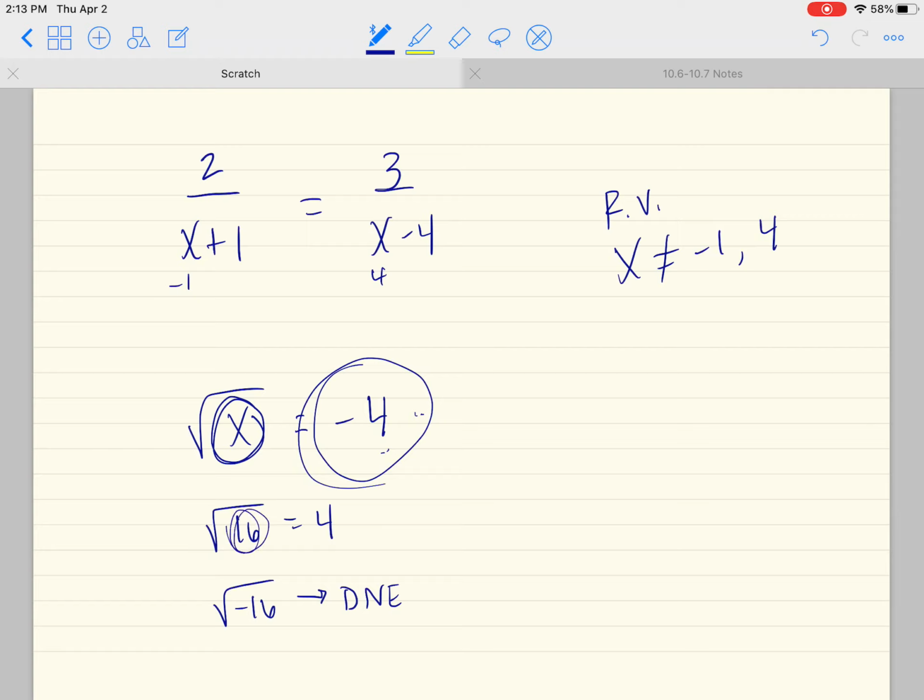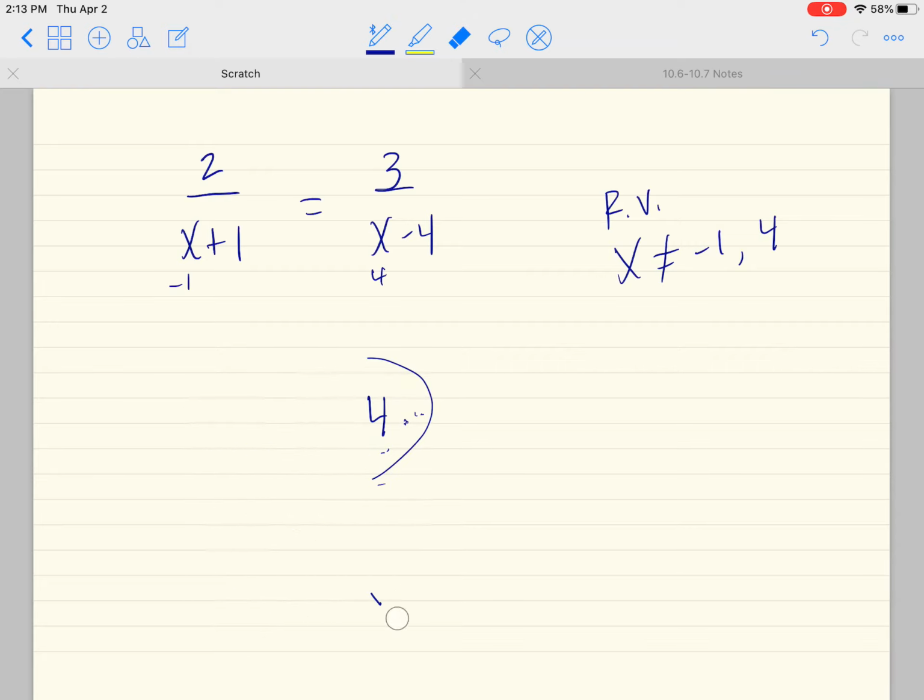Those are the only two things I could think of to try to get to this. This can't happen, because anytime you square root a number, it's got to be a positive number. Well, once in a while, you solve, using correct steps, a radical equation with an even root, and you get one of these answers that makes this thing not work.